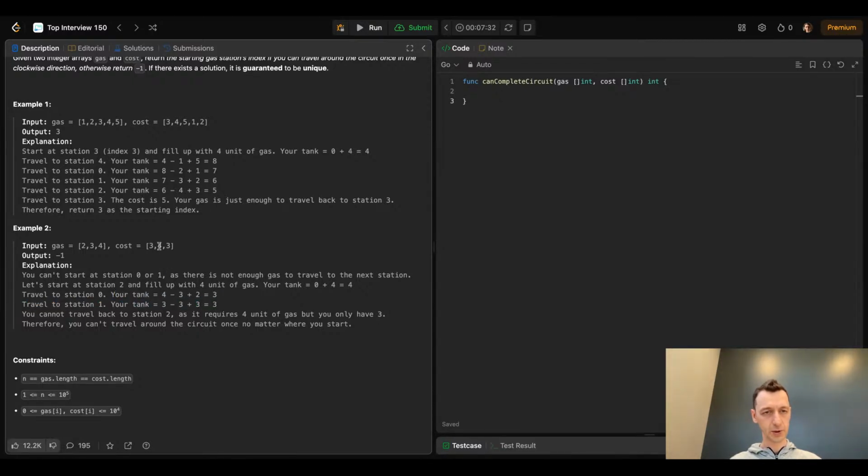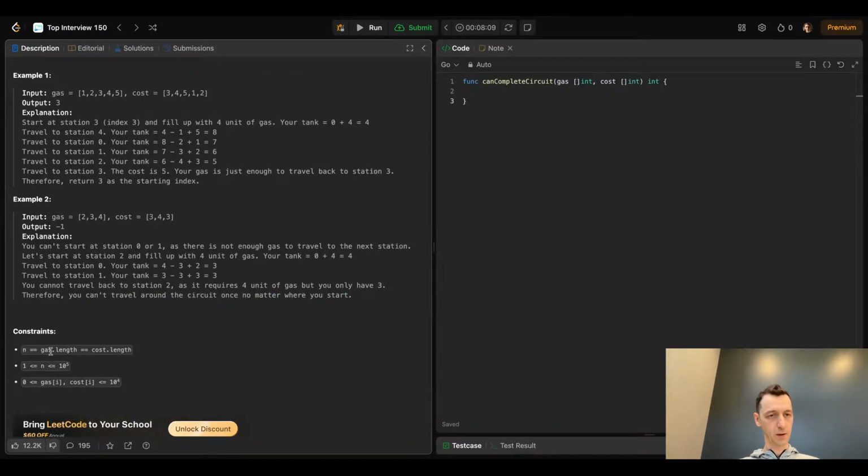So you're at station 1 with 3, but you need 4. You cannot travel back to station 2. It requires 4 units of gas, but you only have 3. Therefore, you cannot travel around the circuit once, no matter where you start.